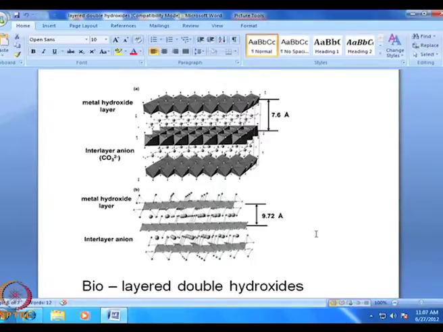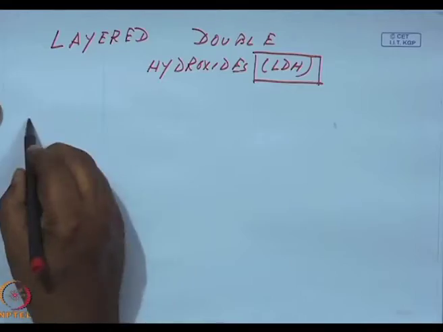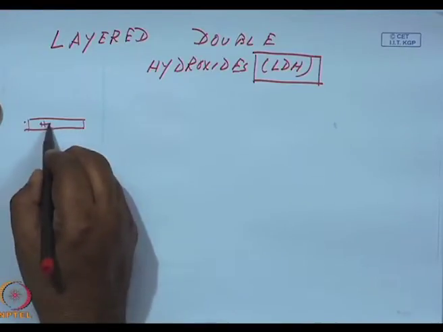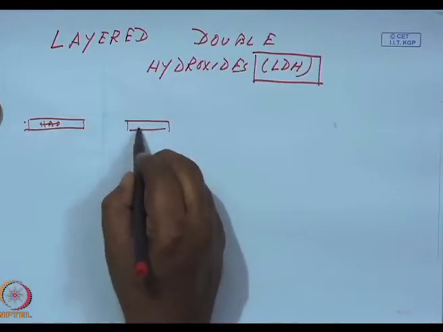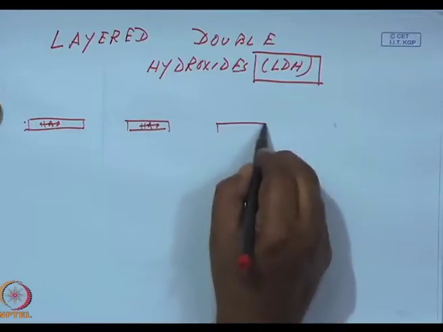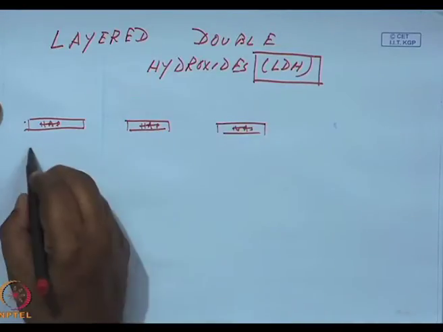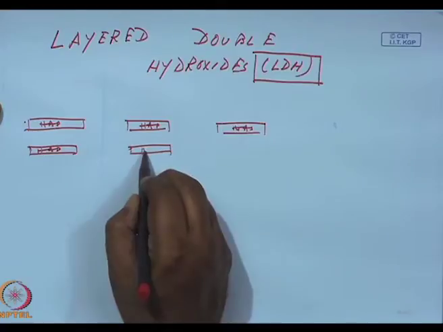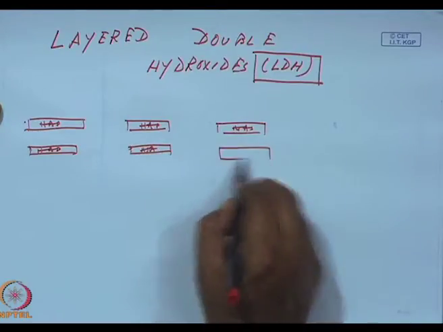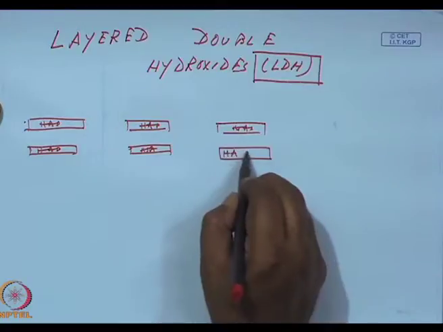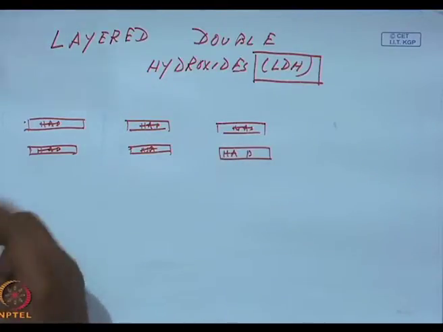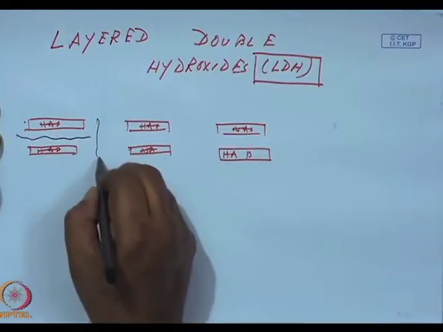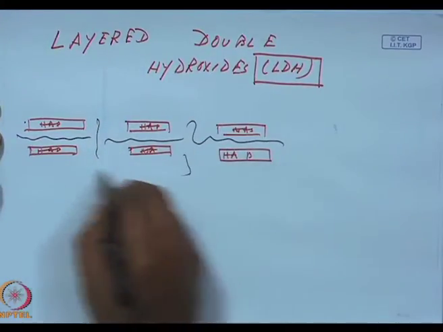You see, our bone is basically HAP, hydroxyapatite, these are all hydroxyapatite layers with proteins occupying the space between them.